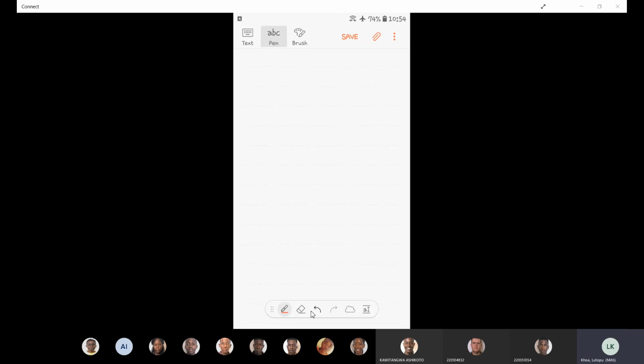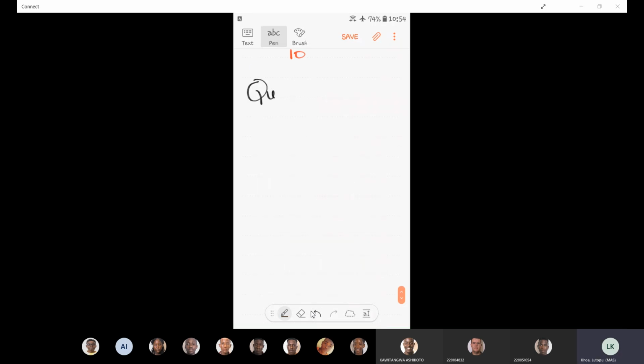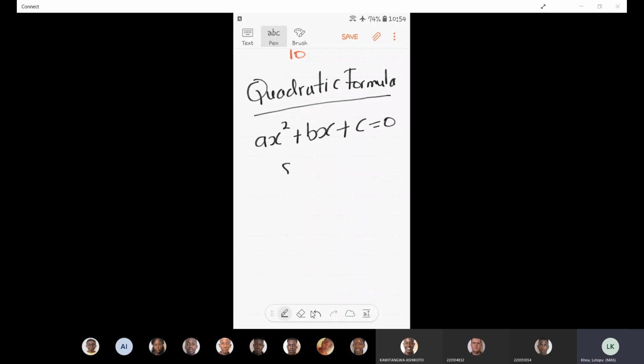Okay, so the quadratic formula, if you remember, this is if you have a quadratic equation, ax squared plus bx plus c is equal to 0 in standard form. This is called standard form.